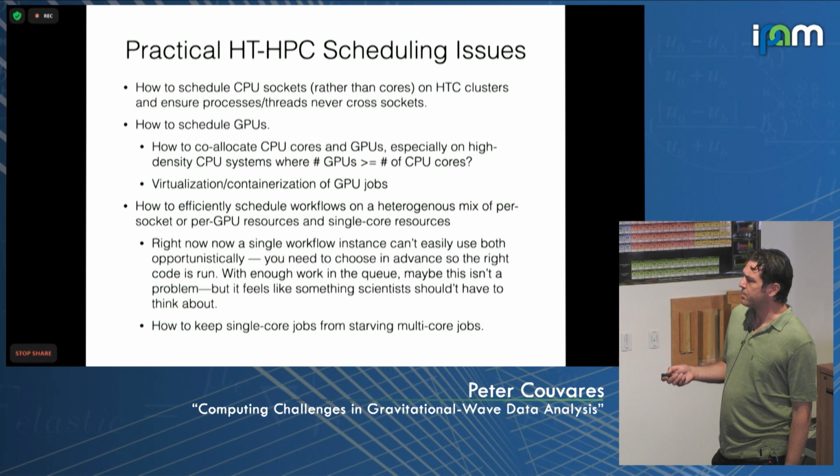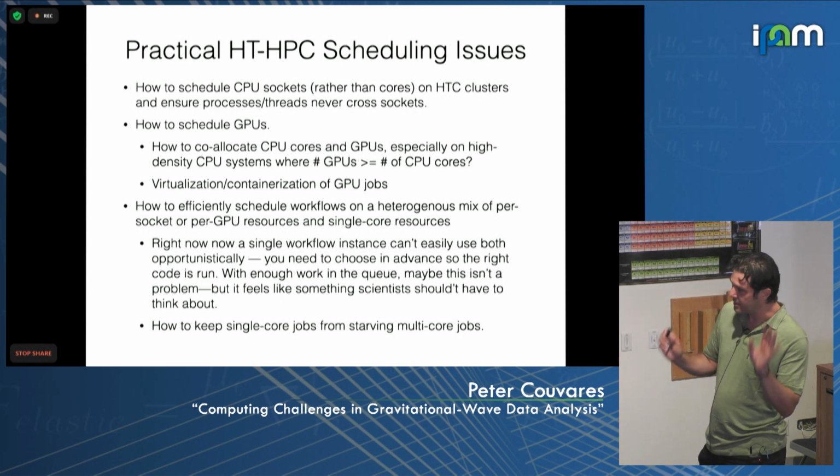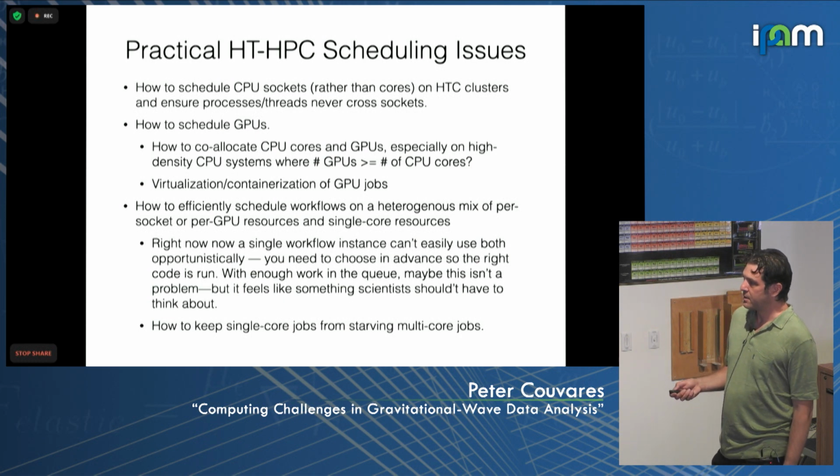This I already touched on, practical scheduling issues we deal with. How do you deal with scheduling CPU sockets rather than cores? How do we schedule GPUs? How do we co-allocate CPU cores and GPUs, which turns out to be very complicated because every GPU code needs a certain amount of CPU and it's different for each one, and it's a pain. Containerization and virtualization works great these days for CPU jobs.